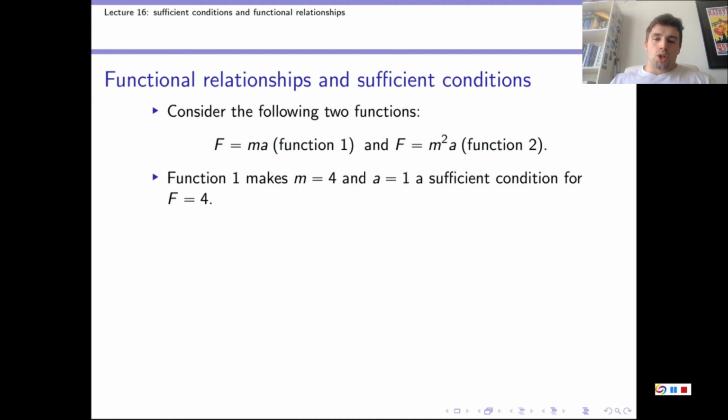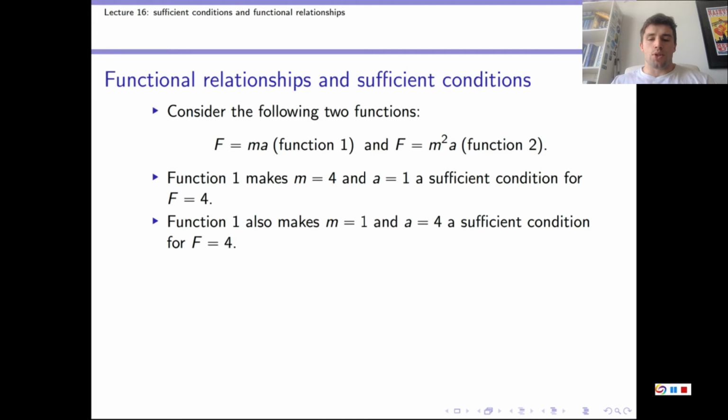Now, function 1 would make the following, among other possibilities, a sufficient condition for f equals 4: m equals 4 and a equals 1. And it also makes m equals 1 and a equals 4 a sufficient condition for f equals 4. If you substitute those values of m and a into f equals ma, then it will give you f equals 4.